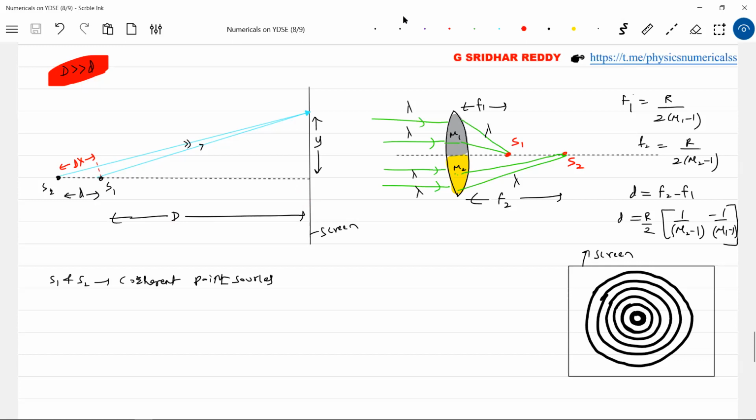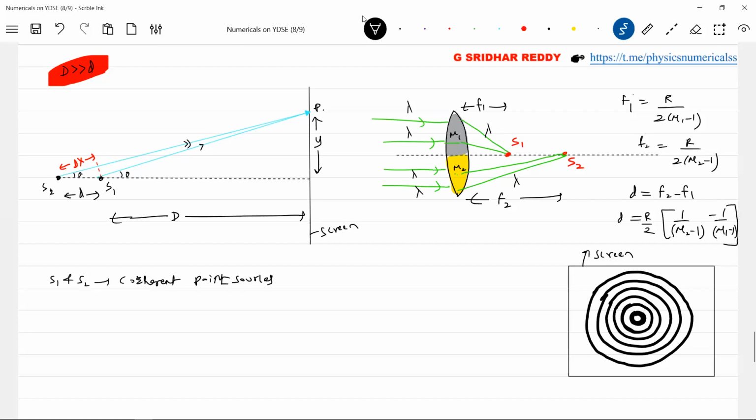Now, what is the use of this? Again you draw the diagram in such a way that the angle subtended by the two rays emitted by the sources that reach point P with the horizontal is theta. Both will subtend the same angle, theta.